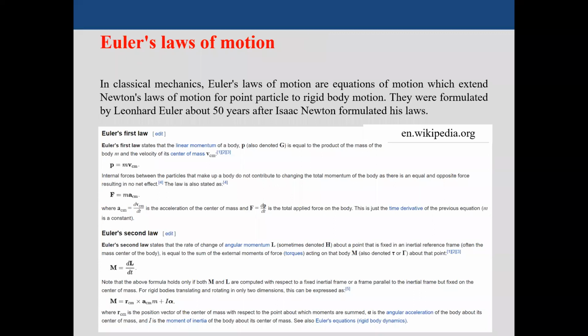Some further concepts that we don't want to skip before we end are Euler's laws of motion. In classical mechanics, Euler's laws of motion are equations of motion which extend Newton's laws of motion for the point particle to rigid body motion, formulated by Leonhard Euler.